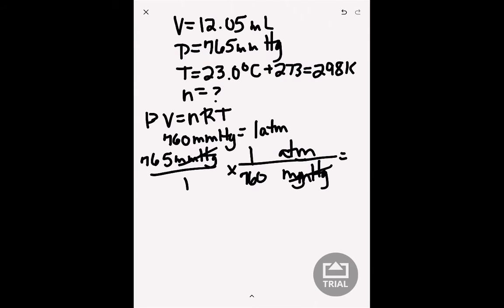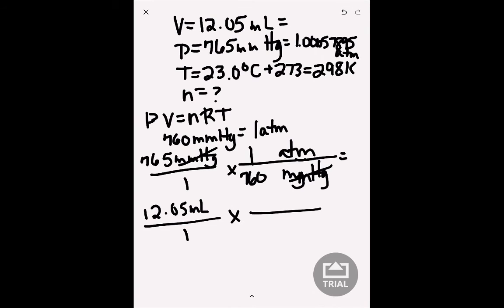It's going to be really close to 1, guys. 765 divided by 760 gives us 1.0065789 atmospheres, okay?